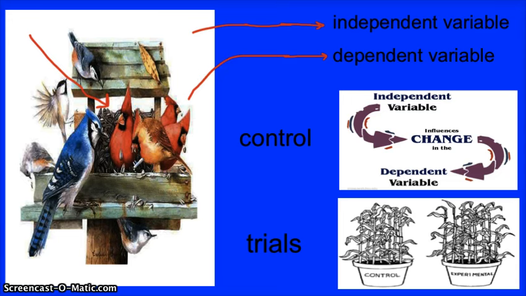So you would have all the variables the same except the one you're testing. So let's say you put pumpkin seeds in here and the same types of birds come to the pumpkin seed. That's when you would change variables and you would try to determine what is affecting what birds happen to be coming. So a scientist must be careful not to have too many variables.